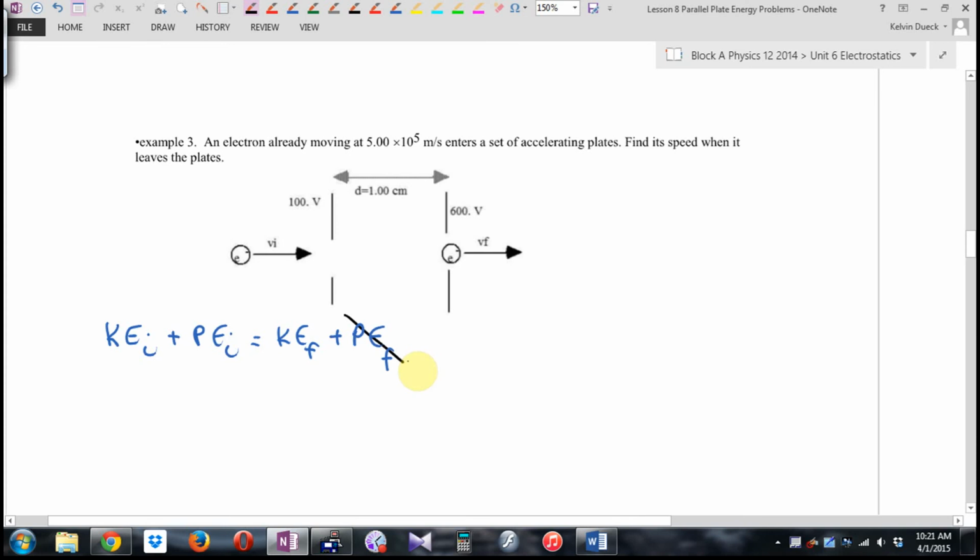It's used it all up once it gets to there, because that's the ground. Okay. This is going to be a half mv initial squared plus qV. That equals a half mv final squared.